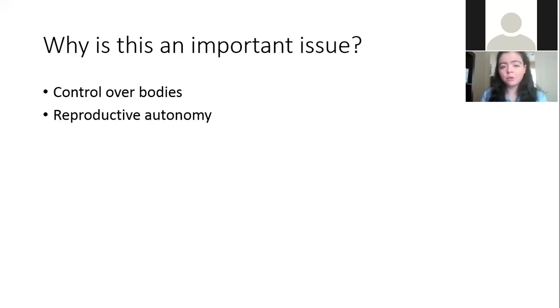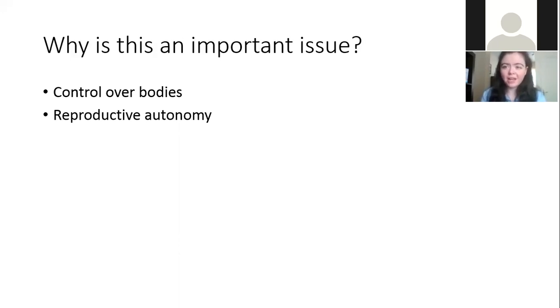Also reproductive autonomy comes under that umbrella. In the literature and discourse, reproductive autonomy is now also used to talk about access to IVF on the NHS, things like that. I've used reproductive autonomy discussion when talking about whether or not we should have cloning available for human reproduction.